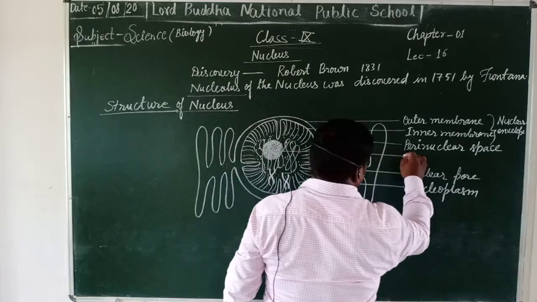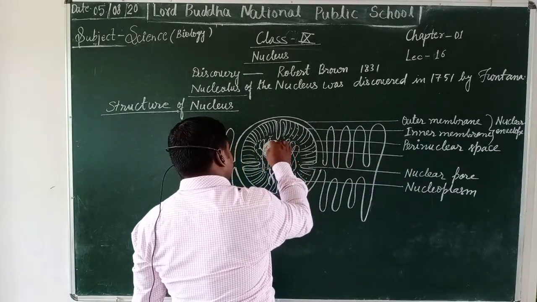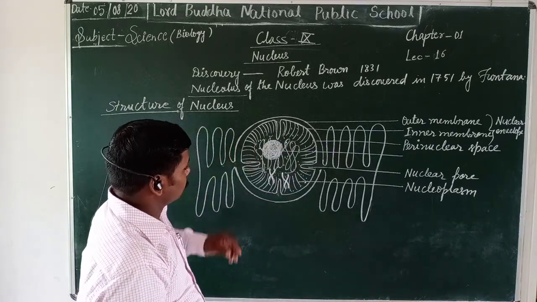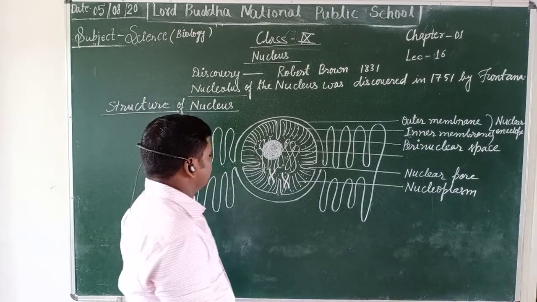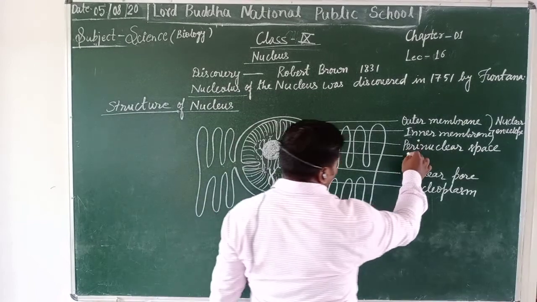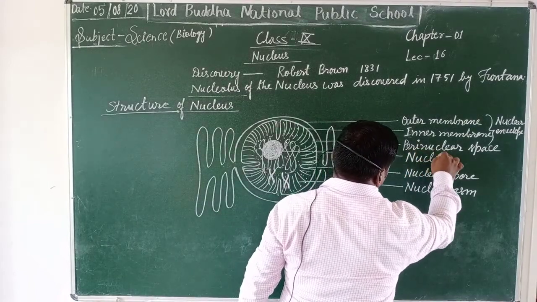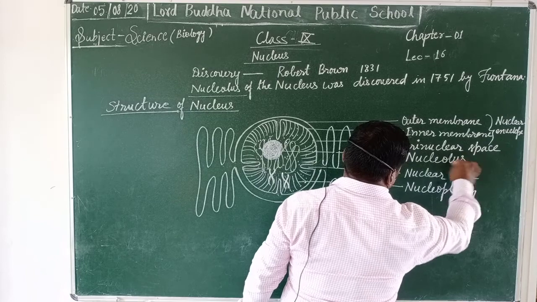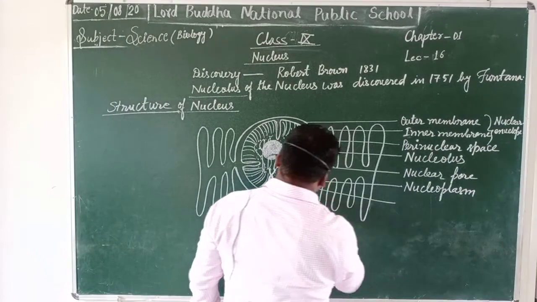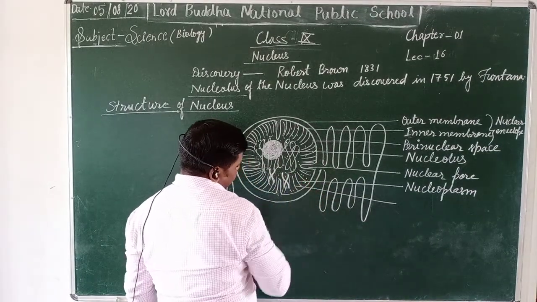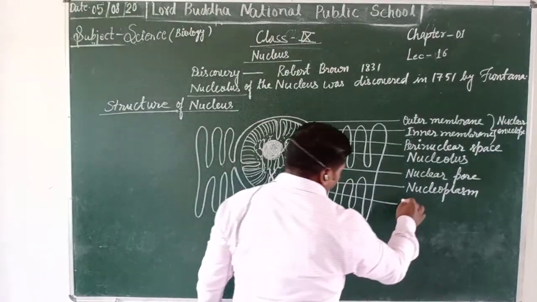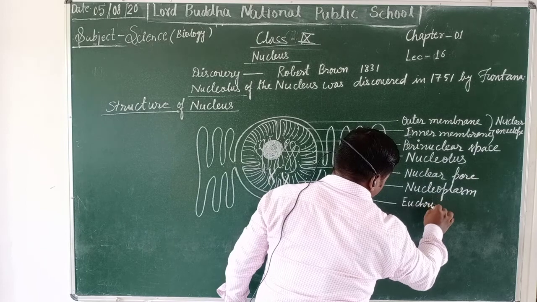Nucleoplasm. This is the dense region and spherical shaped structure, the nucleolus. It is found in one or more numbers. In an onion cell, a greater number of nucleoli can be present. Now, these unbranched brush border-like structures are euchromatids.